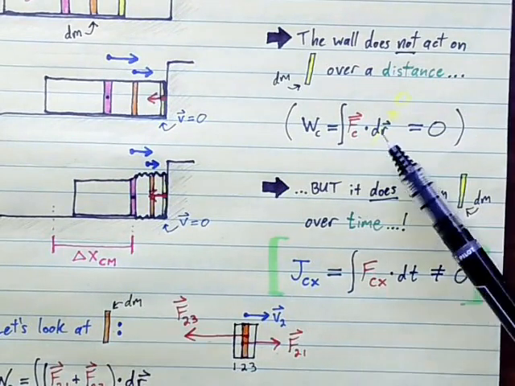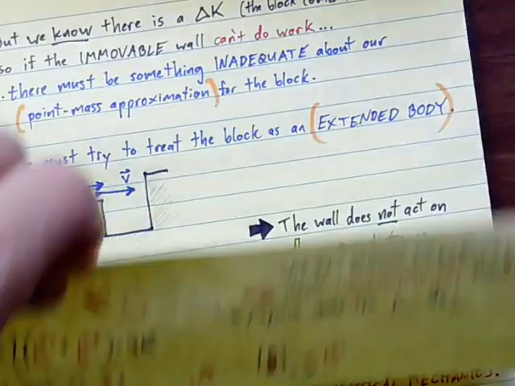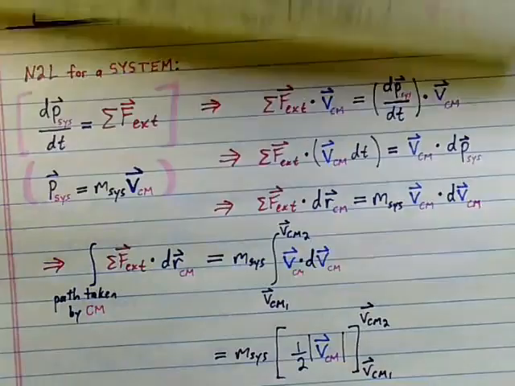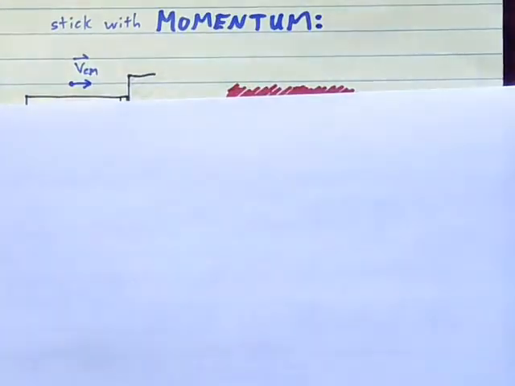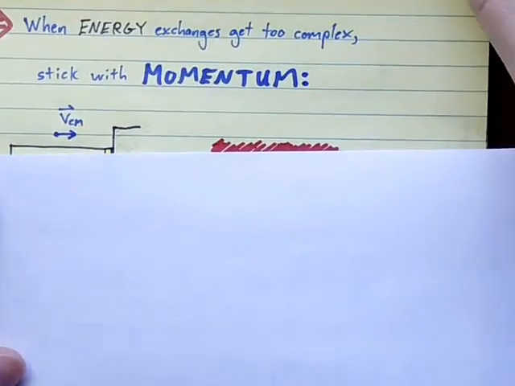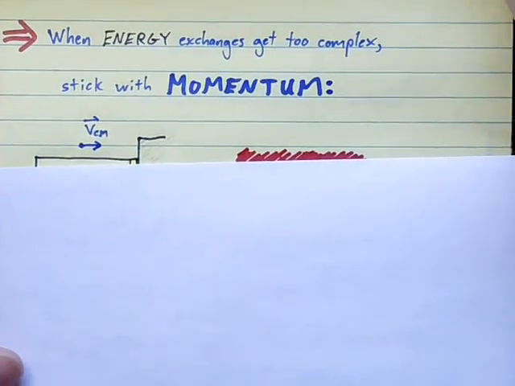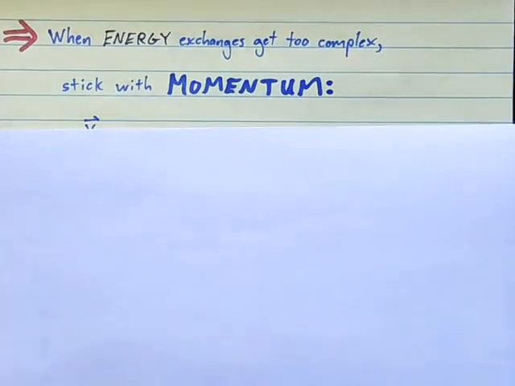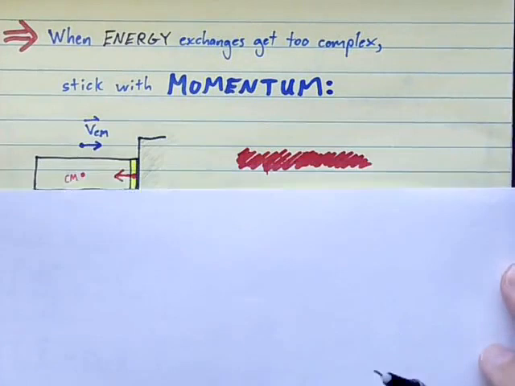The wall does no work on the block, but it does impart an impulse. So when energy exchanges get too complex due to a deformable body and internal work that's dissipating energy as heat inside the object itself, we can just stick with momentum instead.